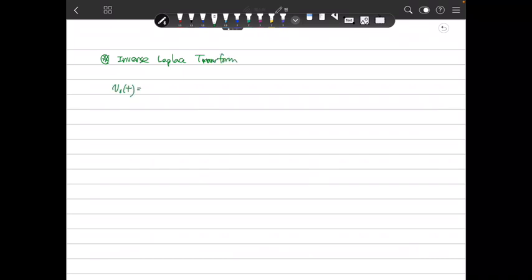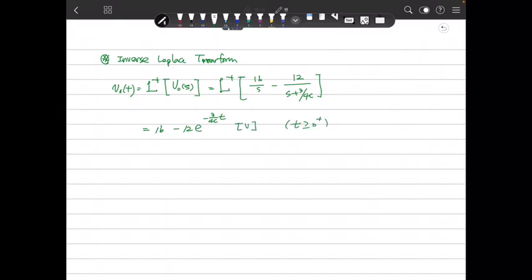Then VOT is the inverse Laplace of VOS. The inverse Laplace is 16 over S minus 12 over S plus 3 over 4C. So that will be 16 minus 12 exponential minus 3 over 4C t, in volts, for time less than t.